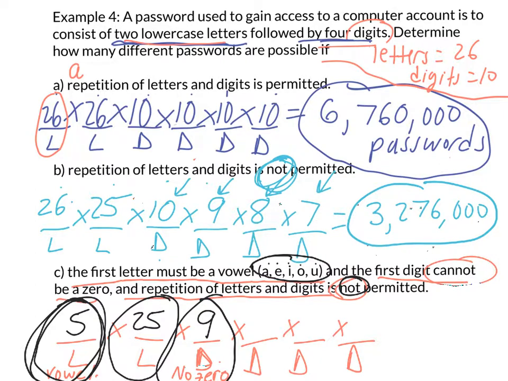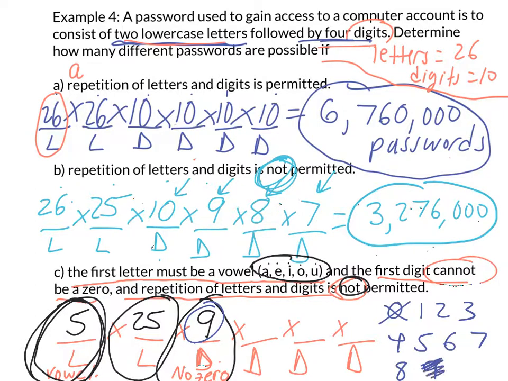So here are my digits, 0, 1, 2, 3, 4, 5, 6, 7, 8, and 9. For the first digit, the restriction said we cannot choose 0. So I have 1 through 9 to choose from, which would be 9 total options. I'm going to pretend that I chose the number 9 to use in that first spot.